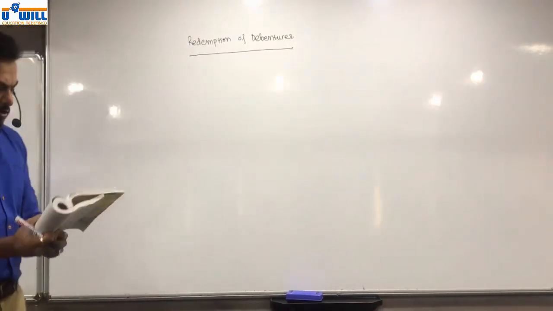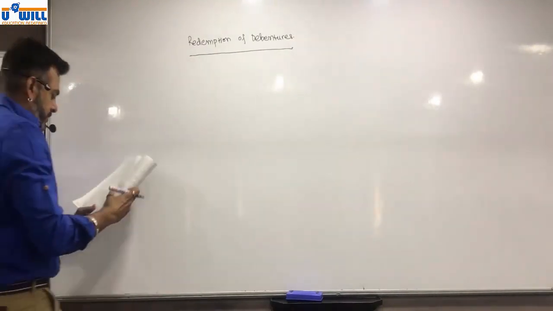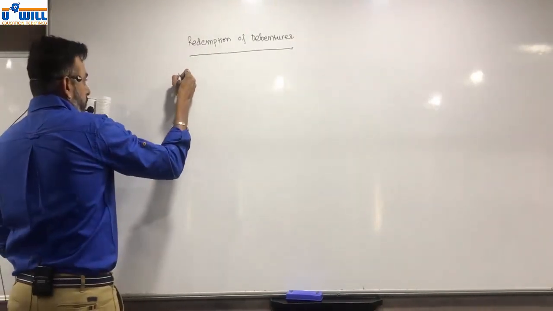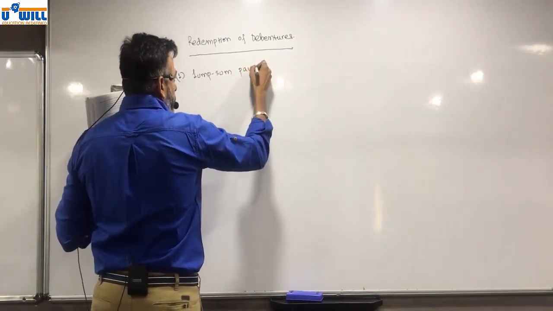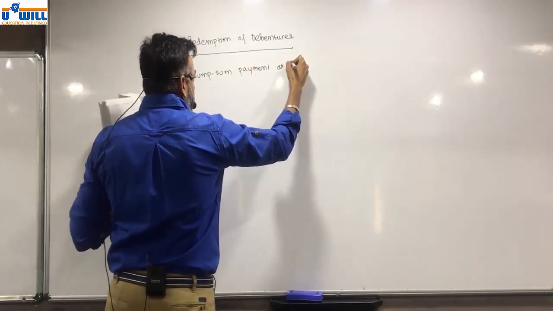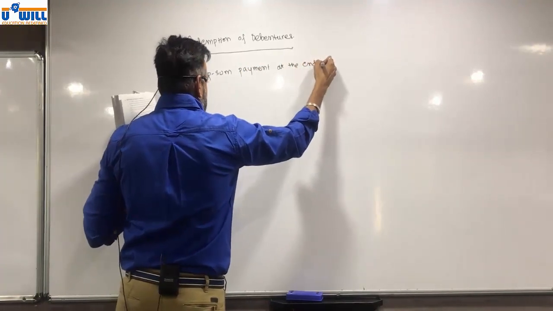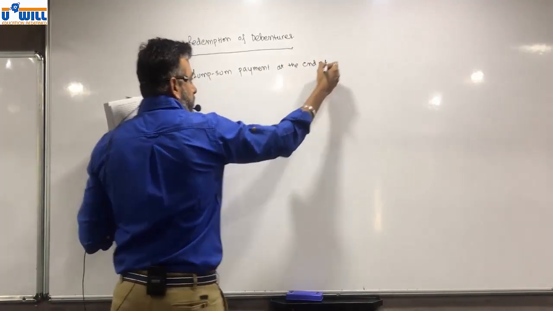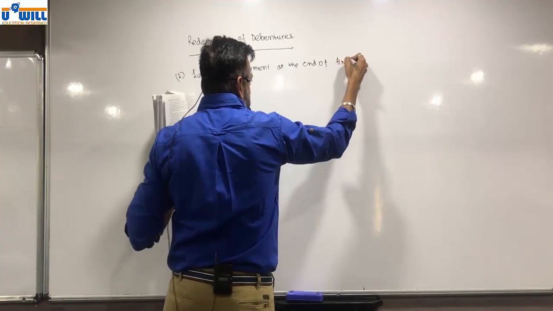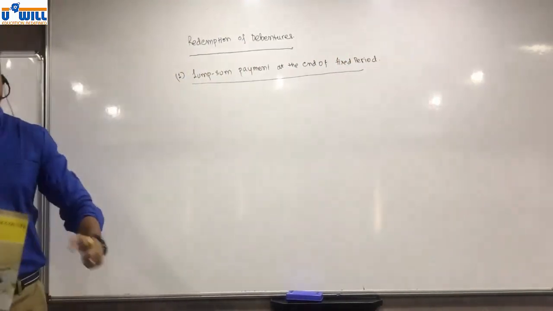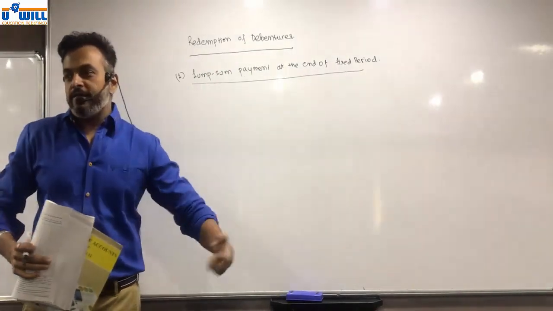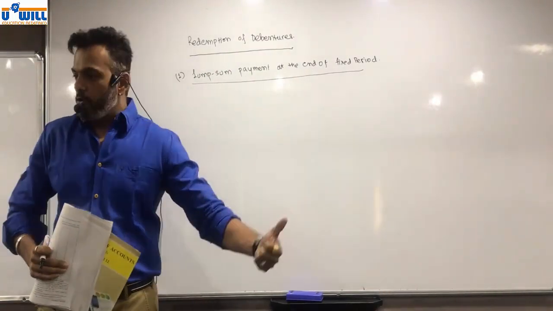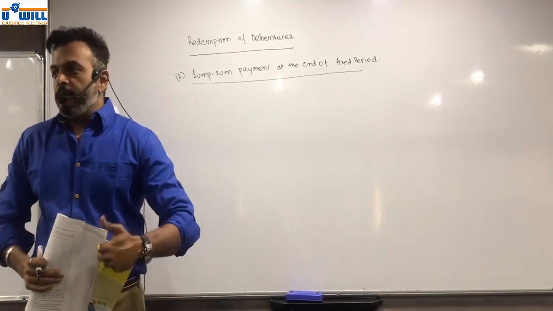Now, in method of redemption of debentures, the first method we are going to study is lump sum payment at the end of fixed period. Lump sum payment at the end of fixed period means, say for example, you issued debentures of 1 crore for a period of 5 years.